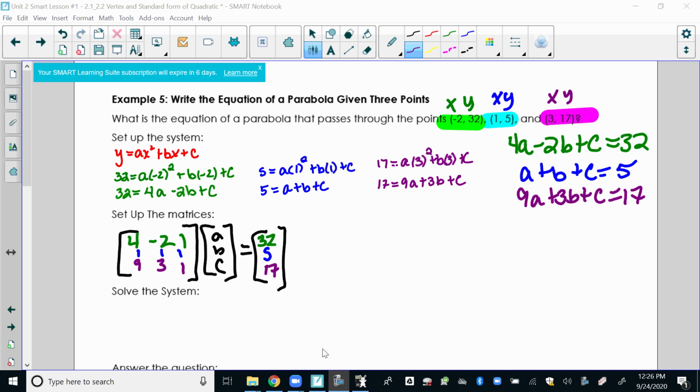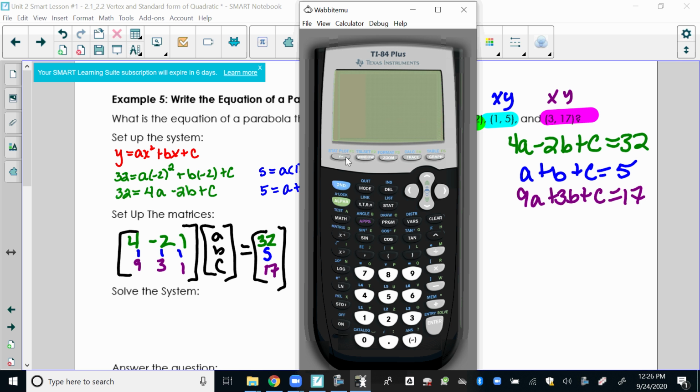All right, so going into our calculator, going into the matrix screen, we're going to edit matrix A, which is a 3 by 3 matrix of 4, -2, 1, 1, 1, 1, 9, 3, 1. Quit.